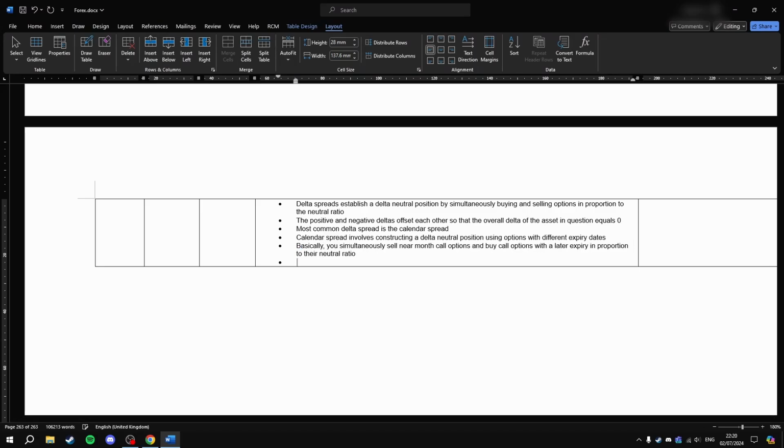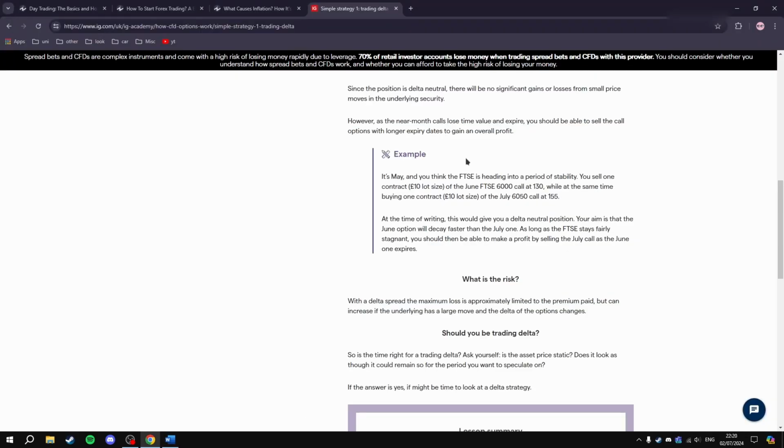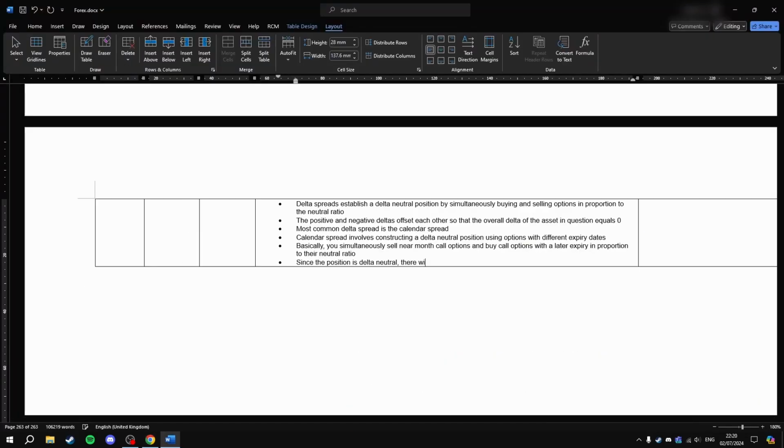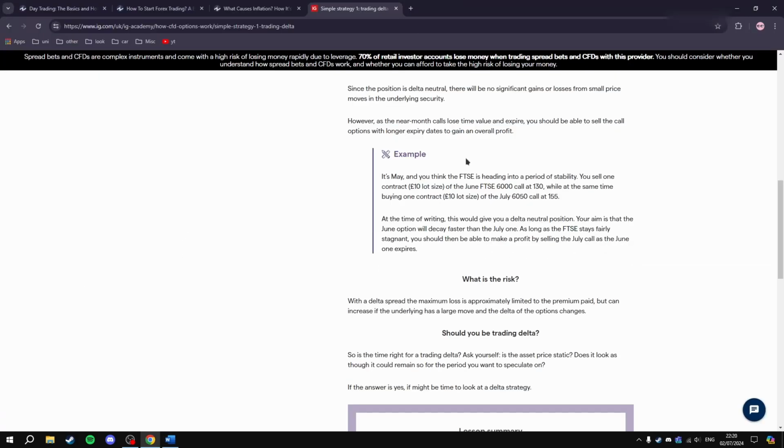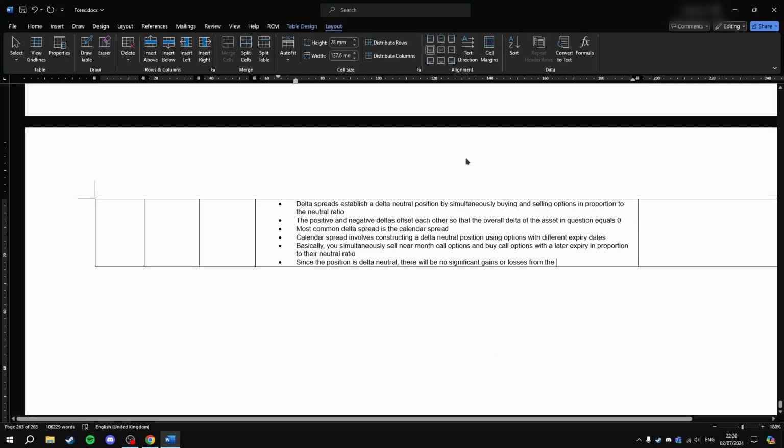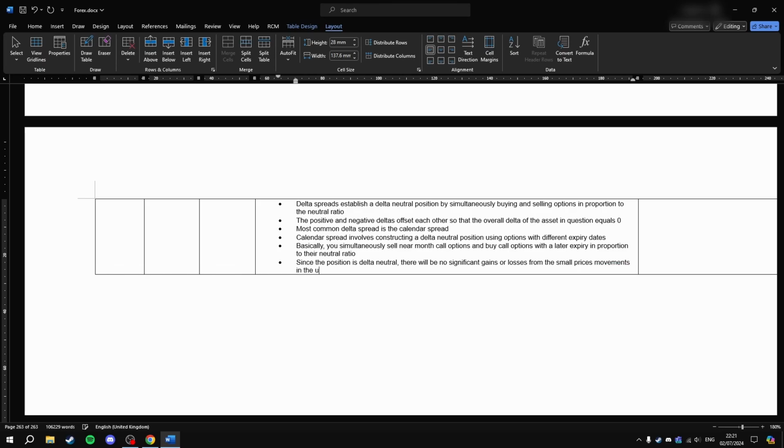Since the position is delta neutral, there will be no significant gains or losses from small price movements in the underlying asset.